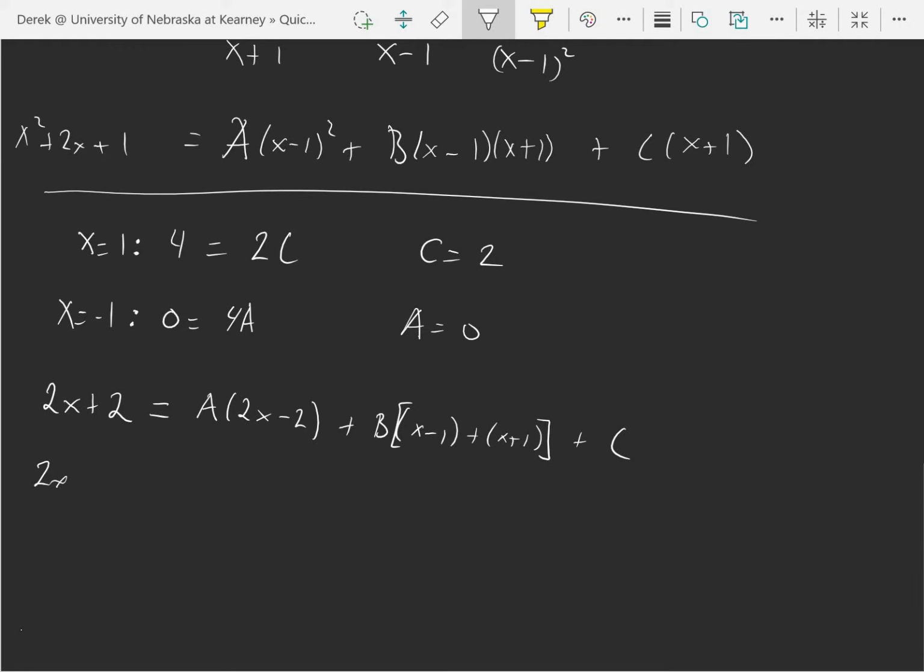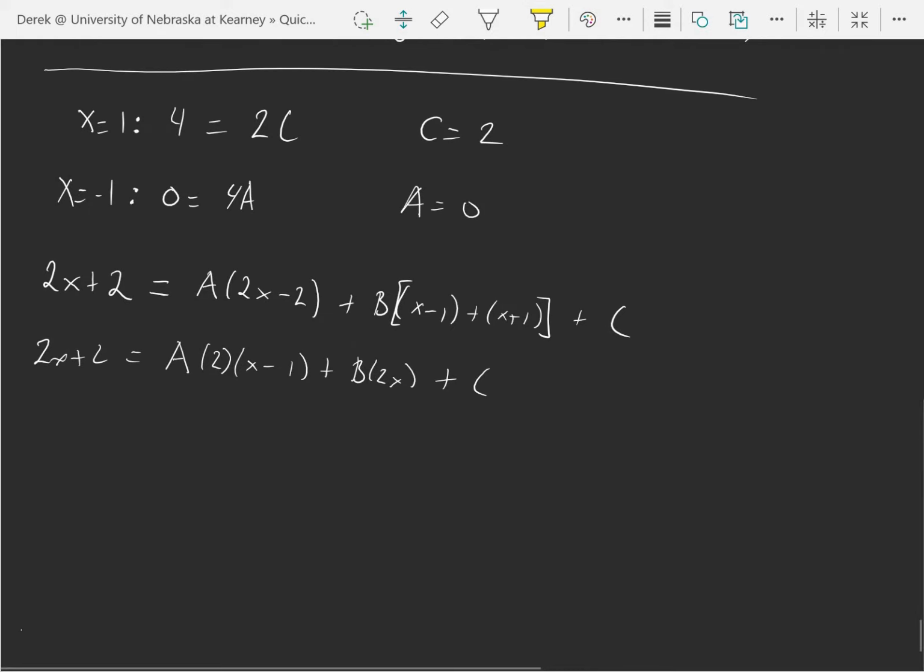So you get 2x plus 2 equals a times 2 times x minus 1 and plus b times 2x plus c. I want an expression with b in it, so let's just pick x equals 1.